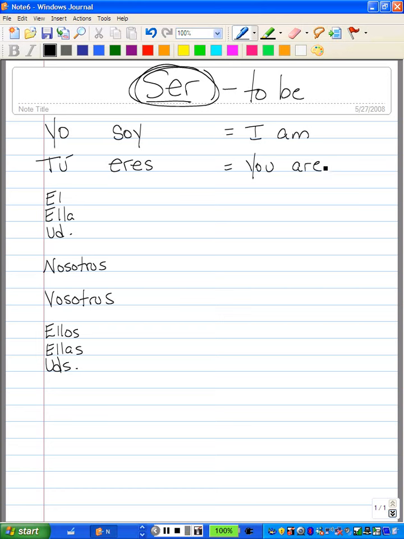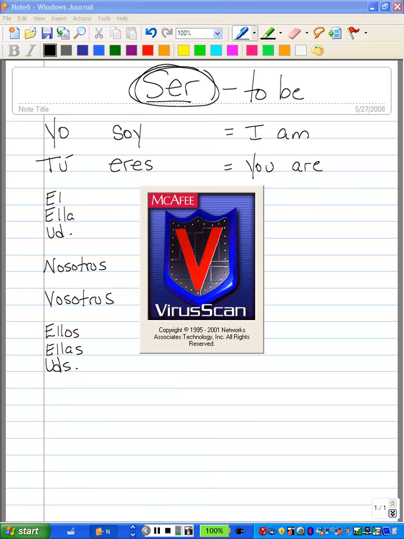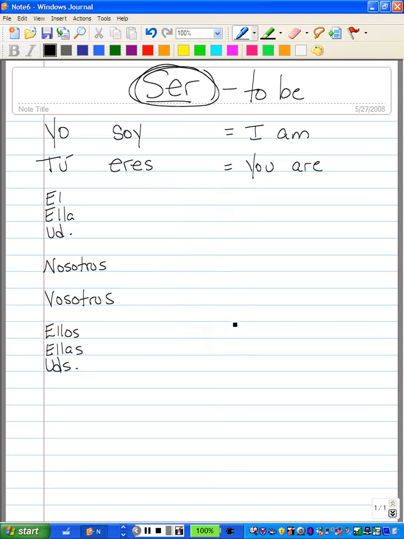The word eres, or tú eres, meaning you are, is the familiar. So you use this if you're talking to your sister maybe, and you wanted to say you are nice. Tú eres simpática. Or if you wanted to ask maybe a new friend at school where they are from. De donde eres.